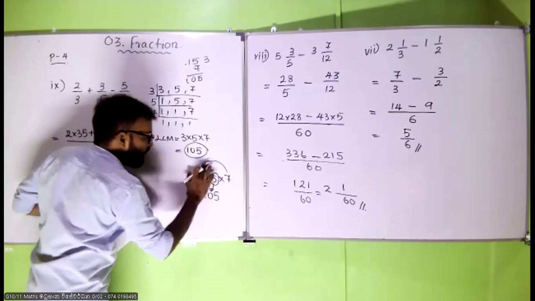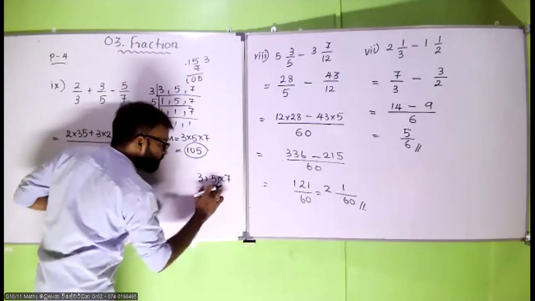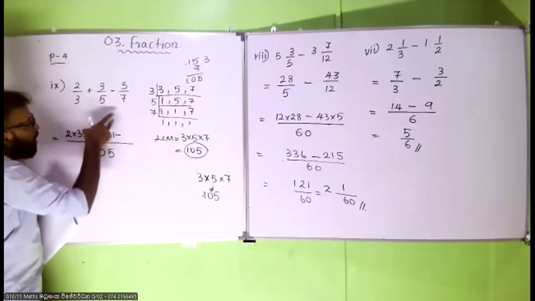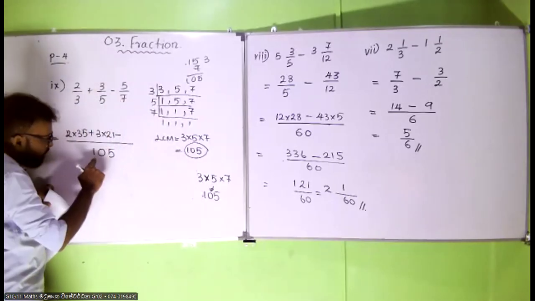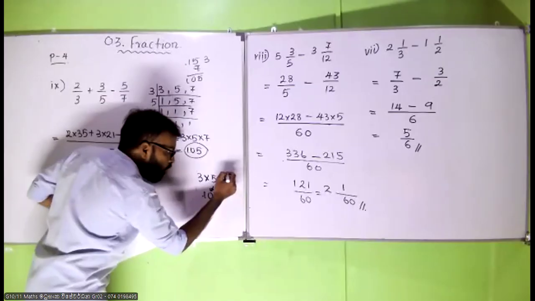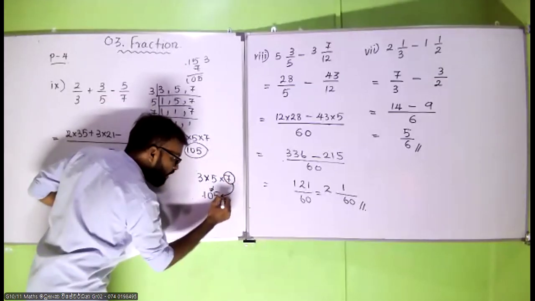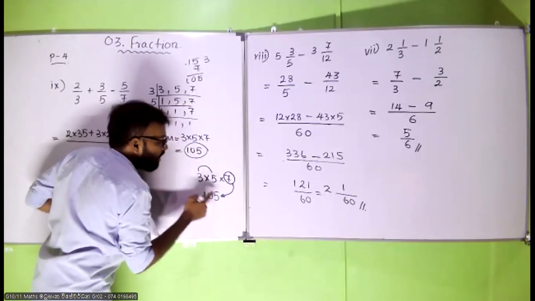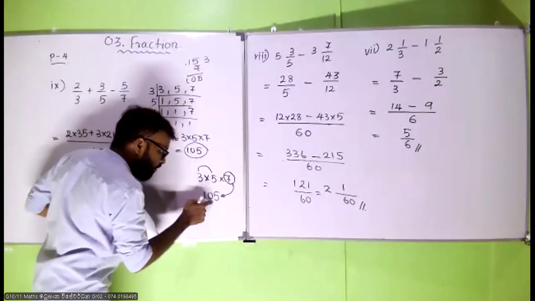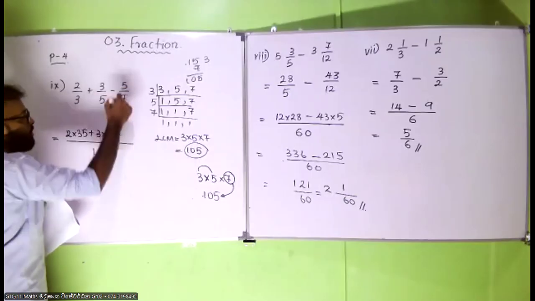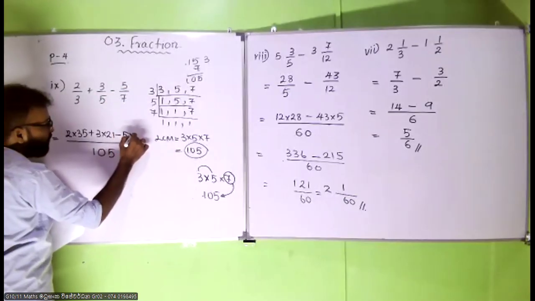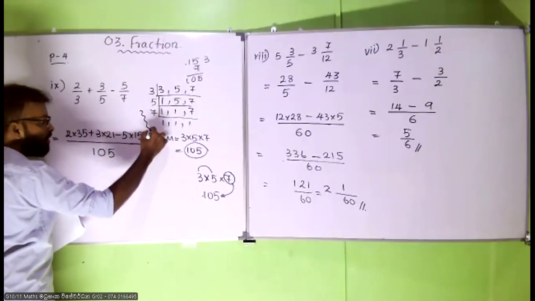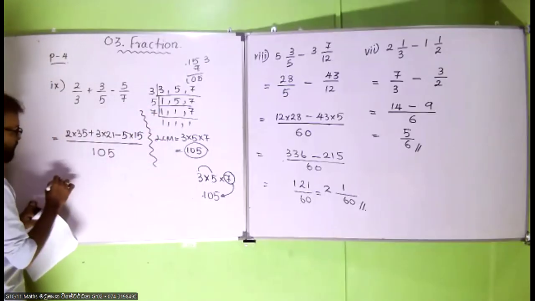Now how many sevens are there for 105? Multiply 3 into 5, 15. 15 sevens are there for 105. 15 into 5. That is one of the tricks you can use.